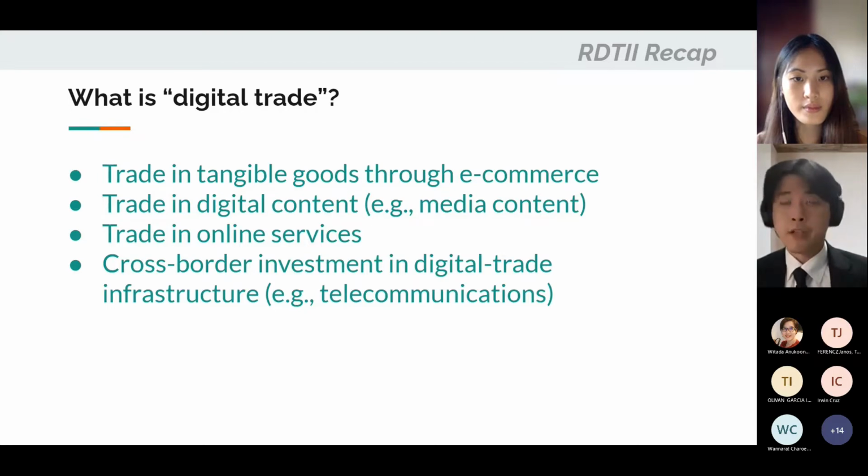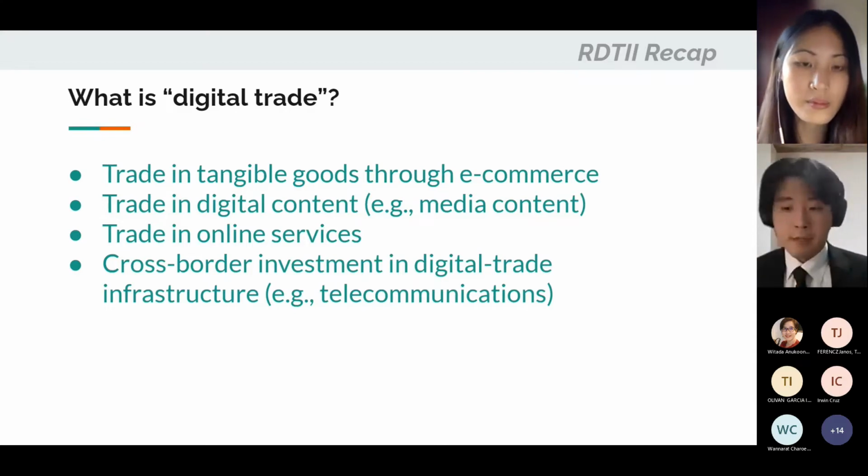Second, trade in digital content, which is essentially media content such as movies, films and ebooks. The third element is trade in online services. You can think of fintech, IT services, and business services that are delivered online. And the last element is cross-border investment in digital trade infrastructure, for example, telecommunications.